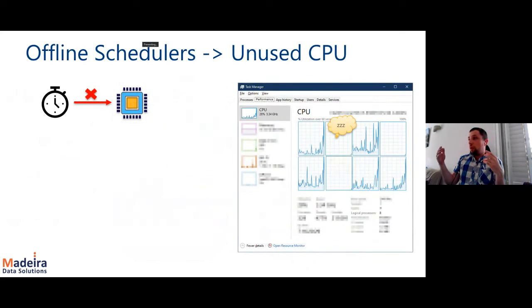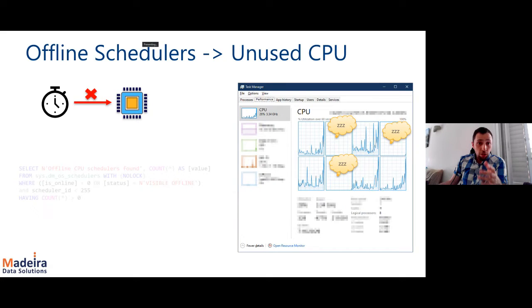So, for example, we have, for whatever reason, an offline scheduler, which means there is an unused CPU core. With the scheduler or the problem with the physical CPU core, it doesn't matter. But for whatever reason, that CPU core is unusable. If we open up Task Manager, we would see that these CPU cores do either nothing or next to nothing.